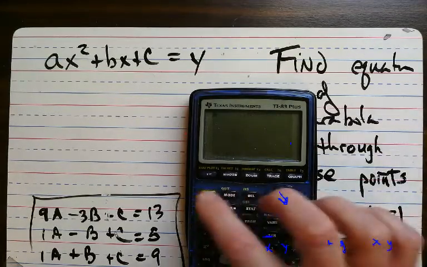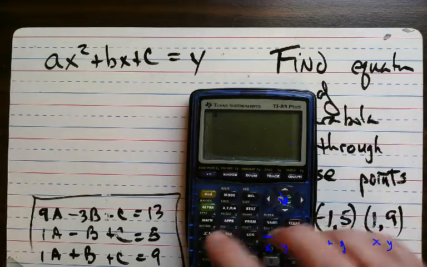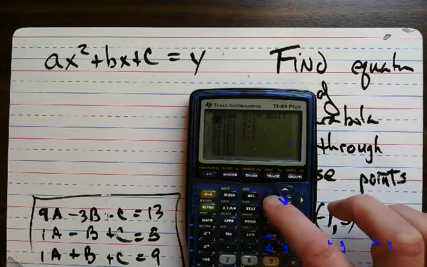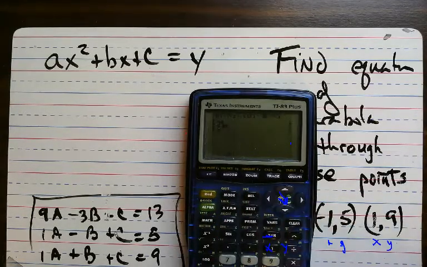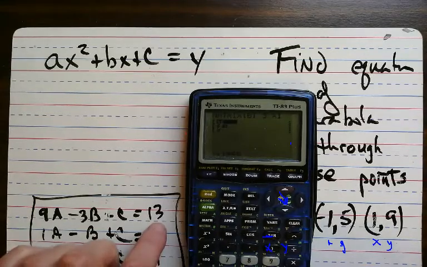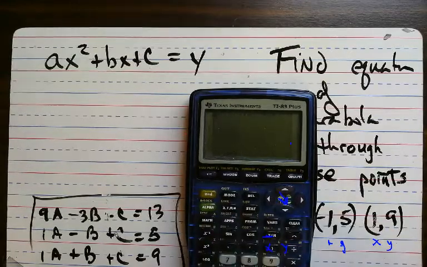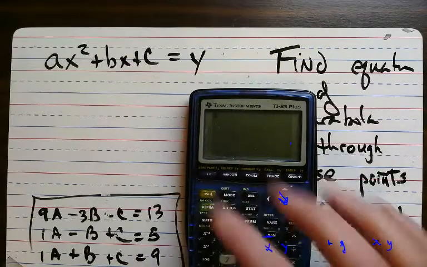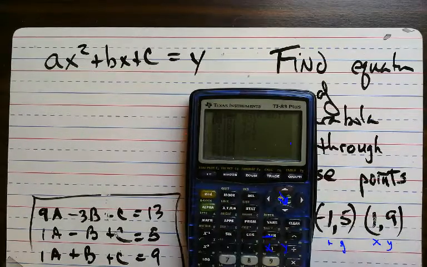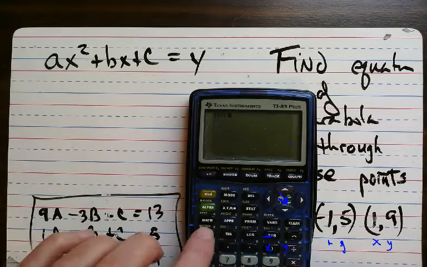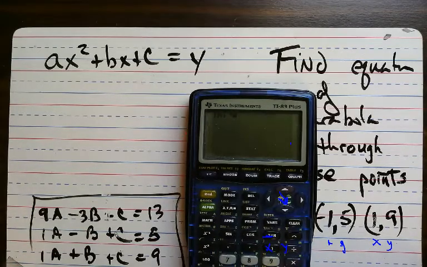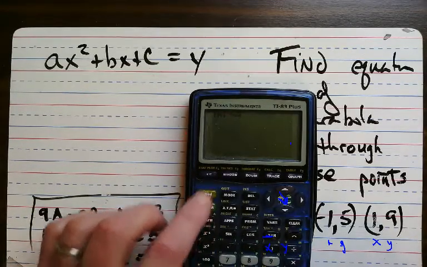And then I need to edit my matrix B. It's a 3 by 1. The first number is 13, the next number is 5, and the last number is 9.